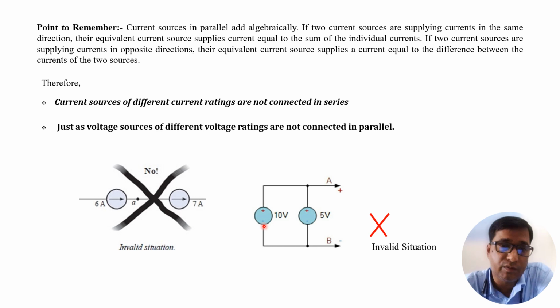So 5 volt cannot be equal to 10 volt, hence this cannot be a practical situation. So no ideal voltage sources of different rating should be connected in parallel, and no two current sources of different rating can be connected in series for an ideal current source.